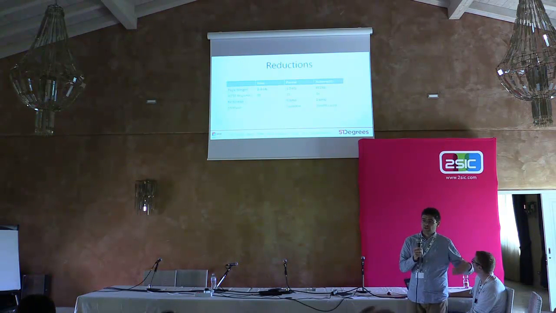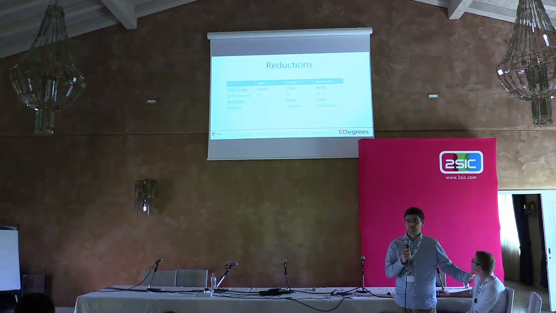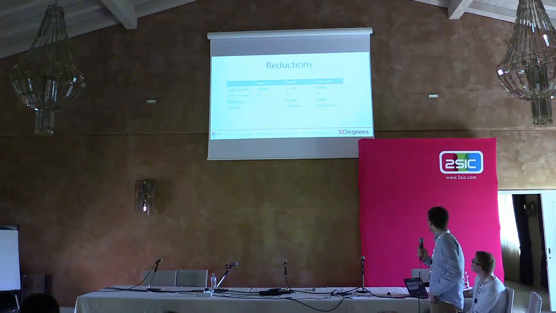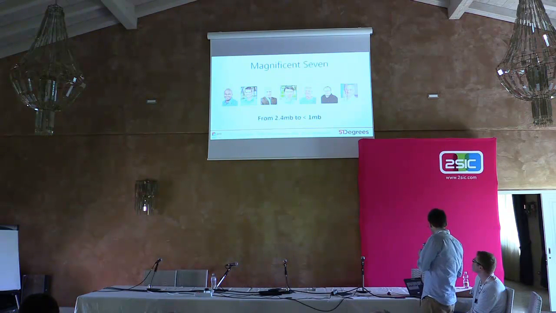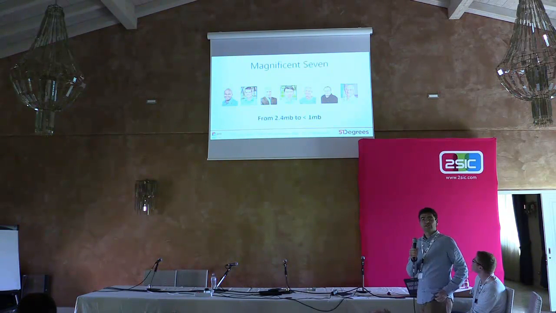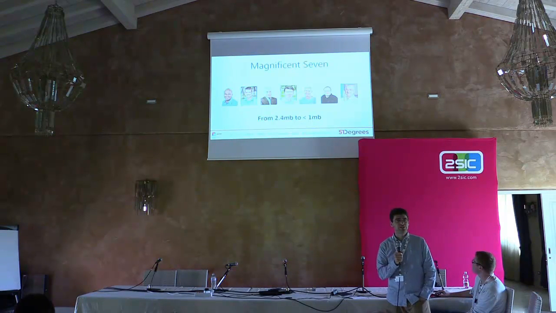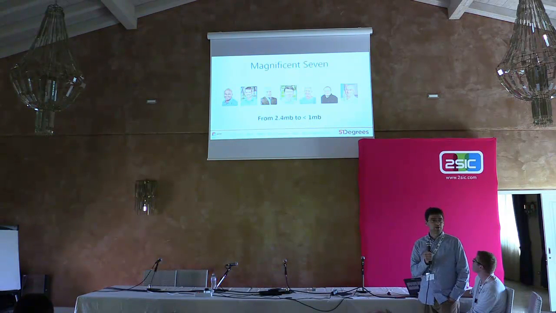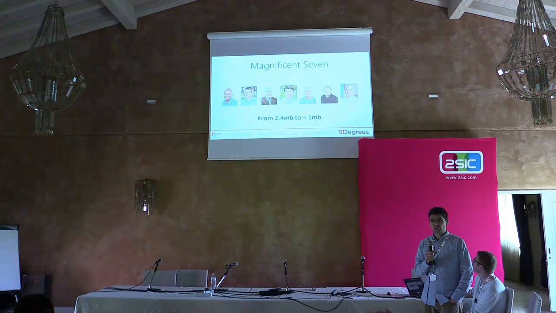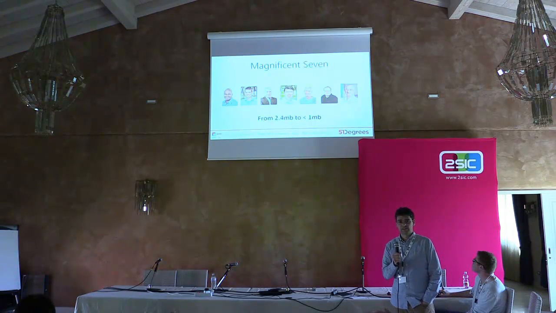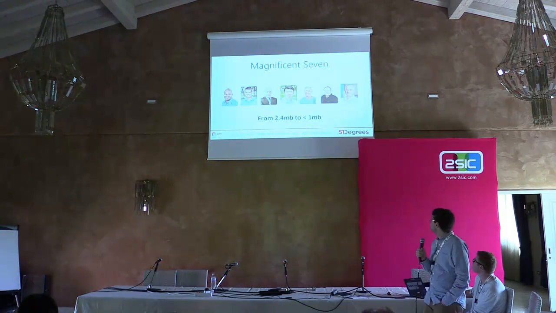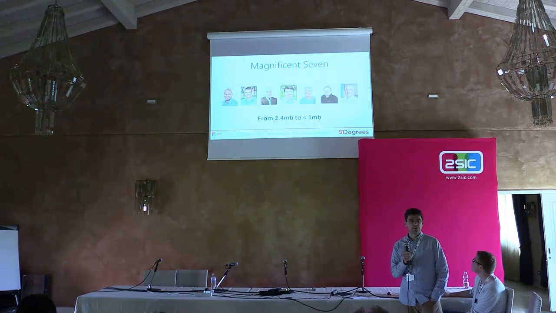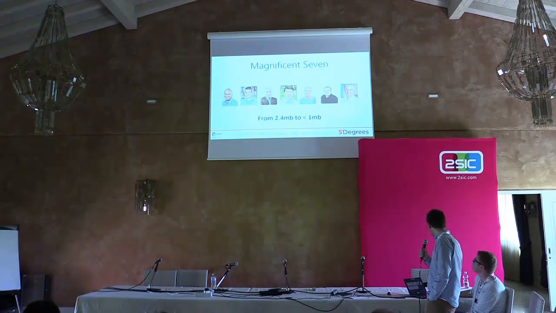So as the devices get smaller and smaller, the amount of data that they have to receive is reducing as well. So we've managed to get our magnificent 7 from 2.4 megabytes in size down to under 1 megabyte, just with those simple changes. So we're saving about 60% of the cost of receiving that page, just by making those changes.